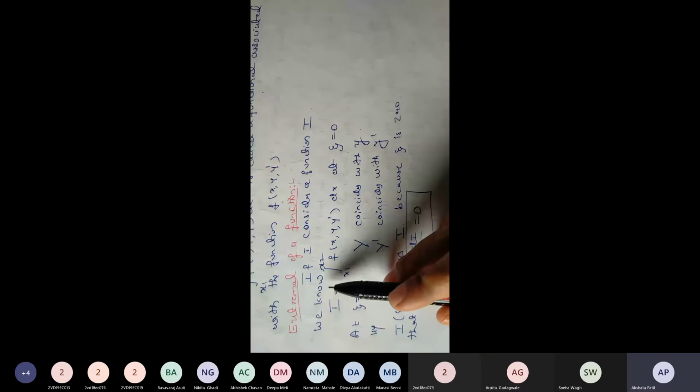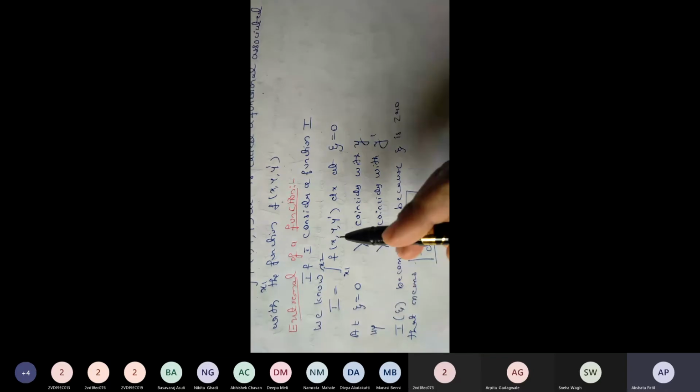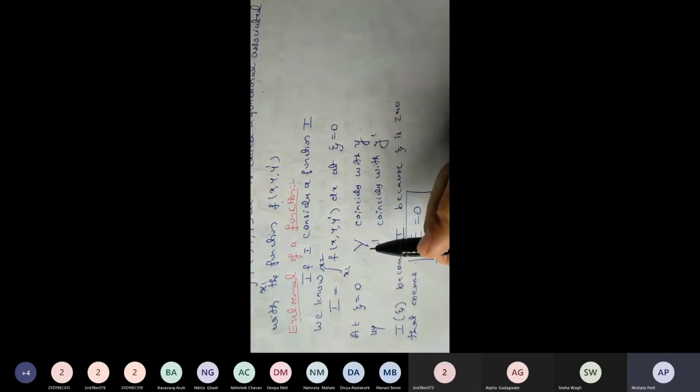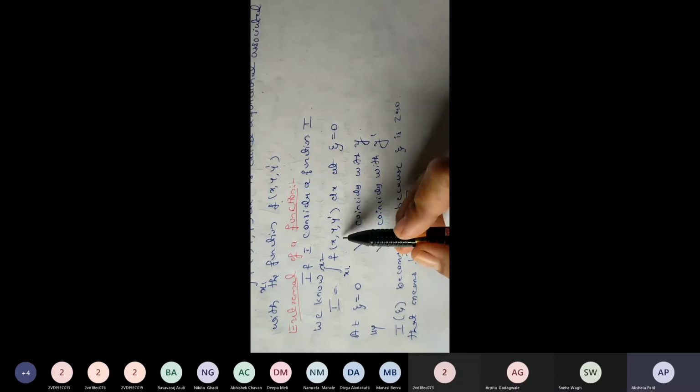Now this is the definition of extremal of a function. What do you mean by extremal of a function? Here we can say either maximization or minimization. If I consider a function I, we know I is nothing but the integration over x1 to x2 of f of x comma y dash into dx at epsilon equals 0.